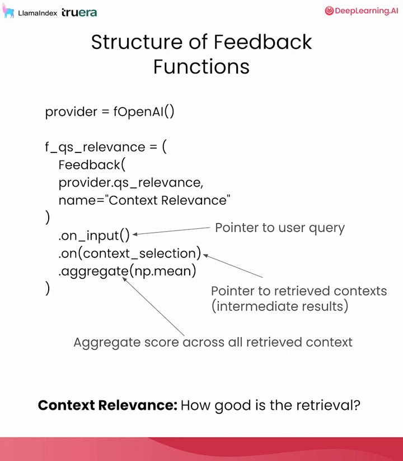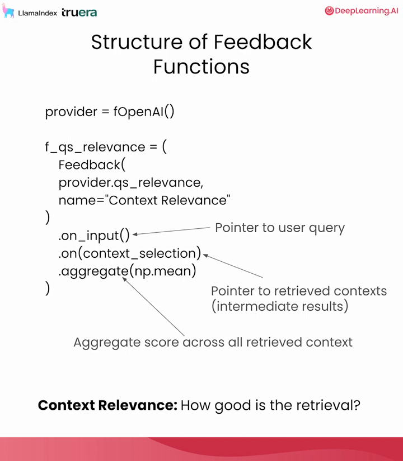Now you will notice that in the answer relevance feedback function, we had only made use of the original input, the prompt, and the final response from the RAG. In this feedback function, we are making use of the input or prompt from the user, as well as intermediate results, the set of retrieved contexts, to assess the quality of the retrieval.